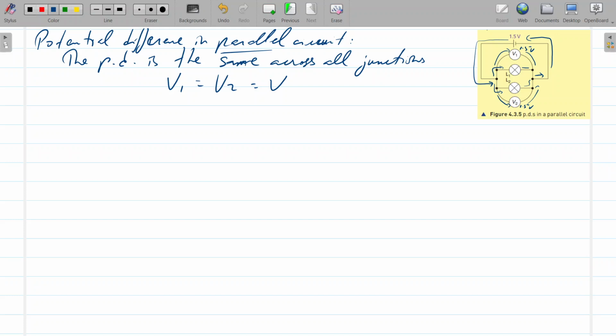Now, cells, batteries, and EMF. We know a cell is a power source drawn this way. This is positive, this is negative. And if you connect multiple of these, there are two ways you can connect them.